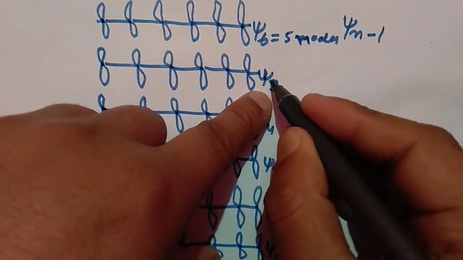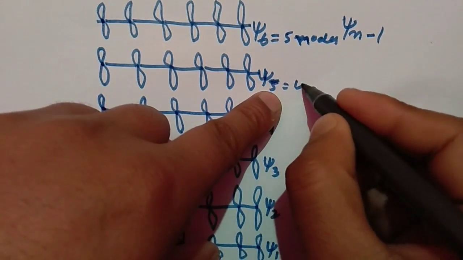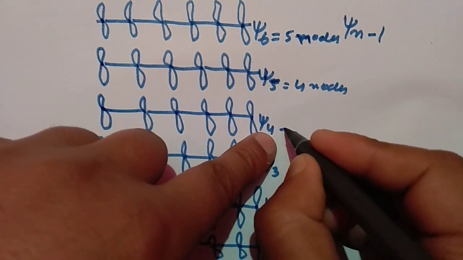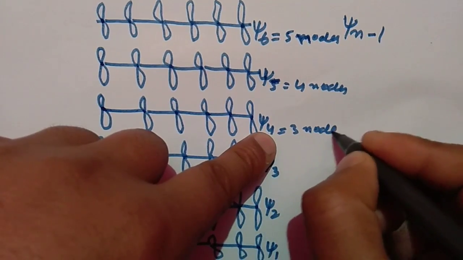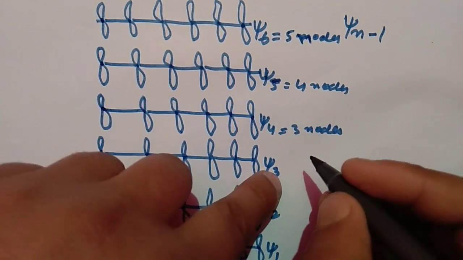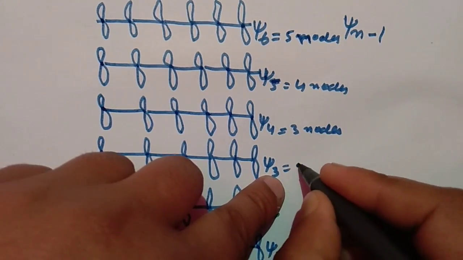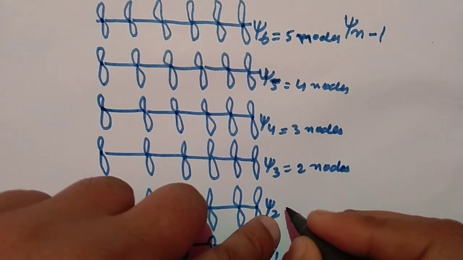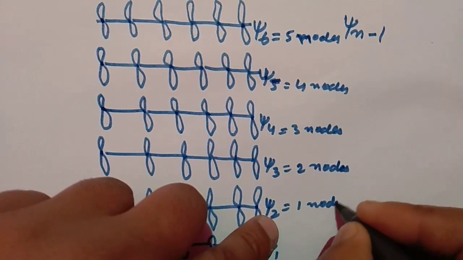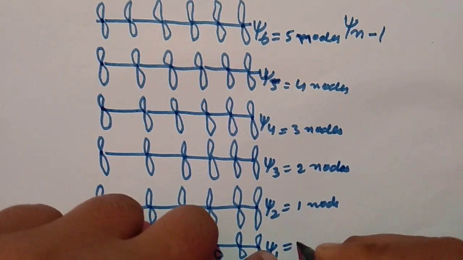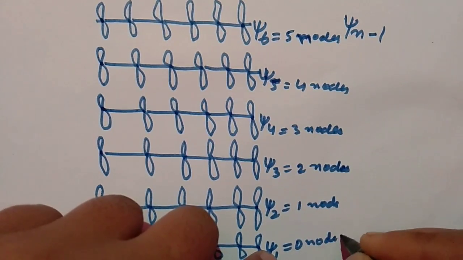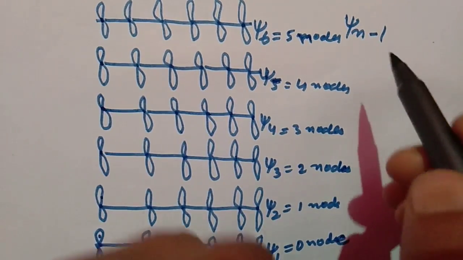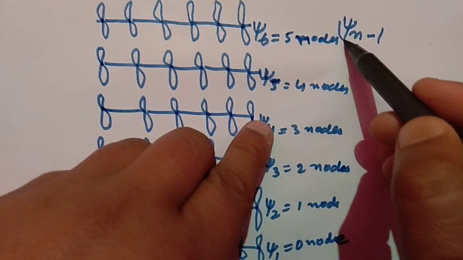Psi 5: 5 minus 1, 4 nodes. Psi 4: 4 minus 1, 3 nodes. Psi 3: 3 minus 1, 2 nodes. Psi 2: 2 minus 1, 1 node. Psi 1: 1 minus 1, 0 nodes. To calculate nodes you can use this formula.